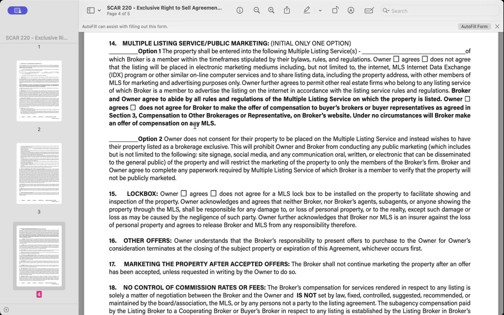And the second option that the owner would have to select is whether or not the broker would be able to make the offer of compensation to other brokers or buyers representatives. Option 2, if the seller does not consent for the property to be placed in the multiple listing service, would be listed here.